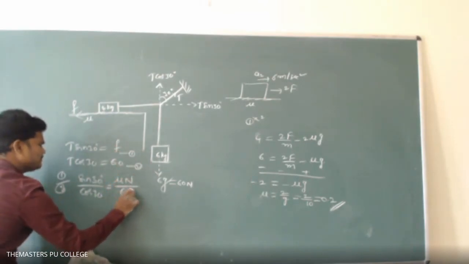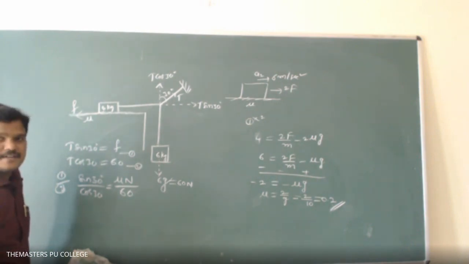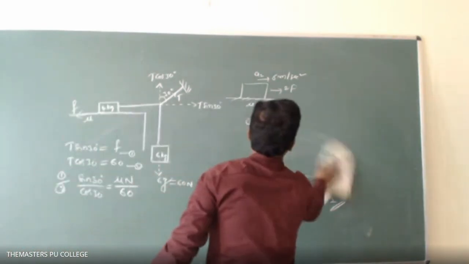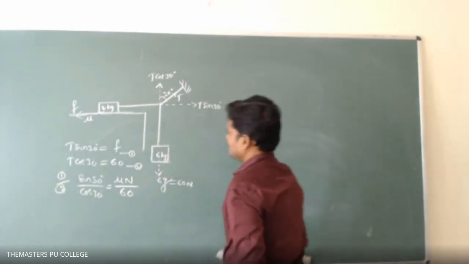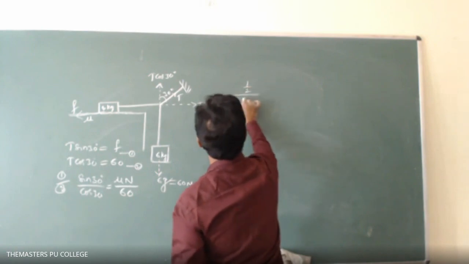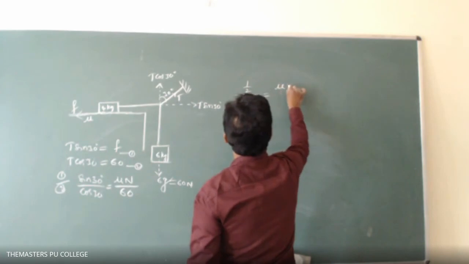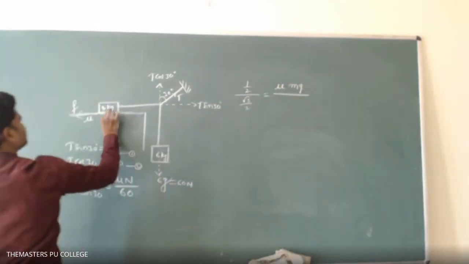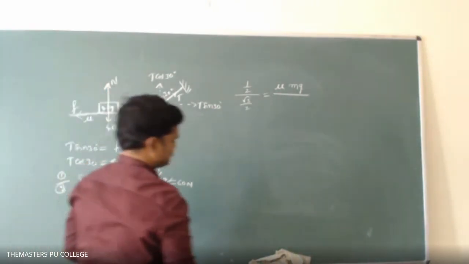F is mu N. Sin 30 is 1 by 2, cos 30 is root 3 by 2. N is nothing but mg, N is 4 into g, which is 40.